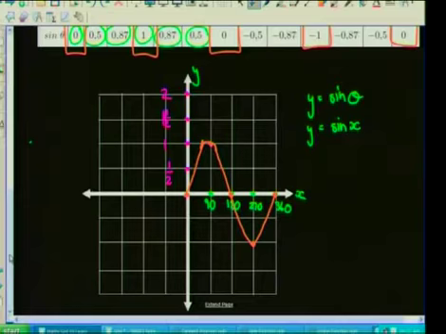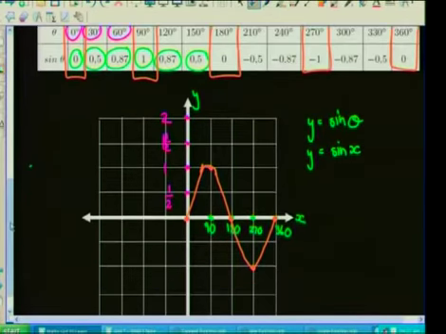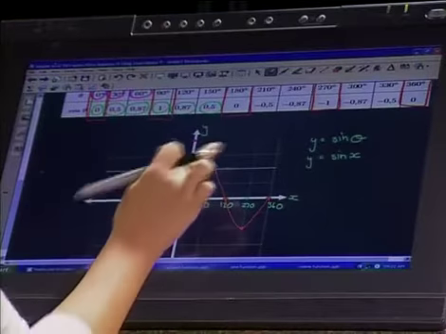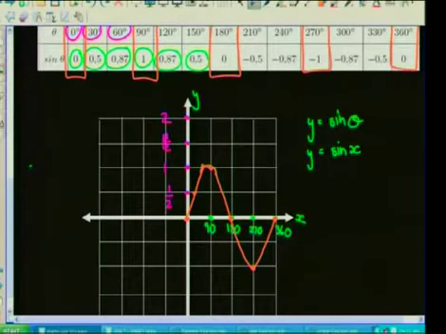But if I were to continue plotting, if I wanted to start with 30, we know that 30 degrees is probably found about here, and sine of 30 degrees gives me a value of a half, which is over there. Can you see that it lies on my graph? Sine of 60 is going to be closer to about here, and that's 0.87, and that would be somewhere along those lines there.